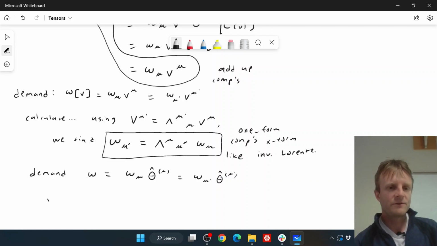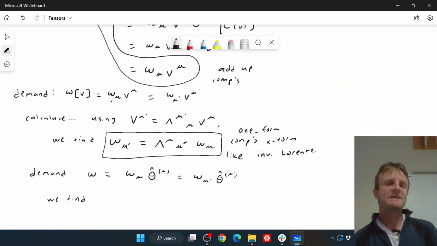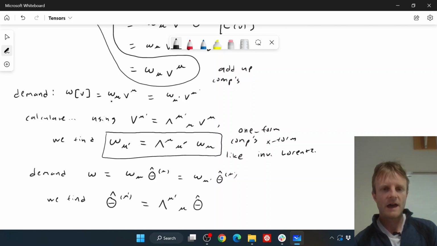And then you find the only thing it could be, these thetas have to go like the Lorentz transformation because the omega mu went like the inverse to keep it invariant. So then again, we have this same formula, and here the notation will help you get it right. Theta hat mu prime is lambda mu prime mu theta hat mu. Circle that.